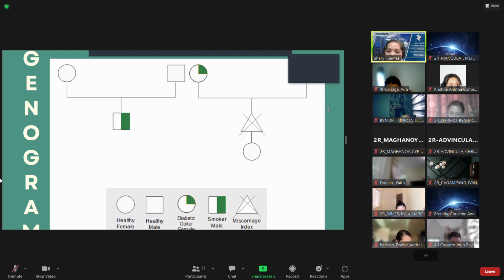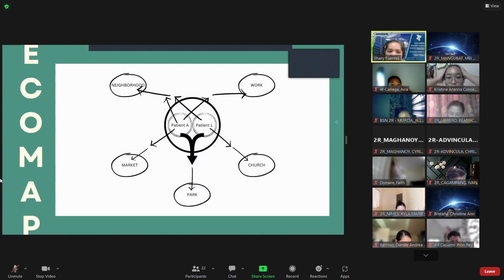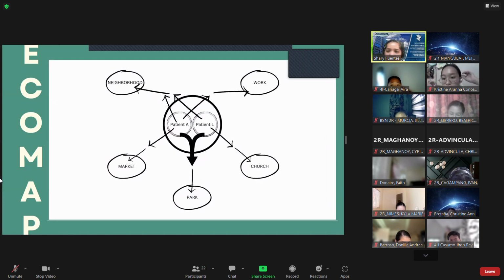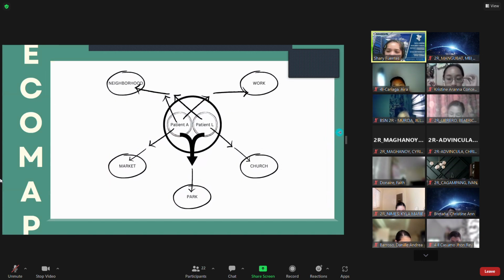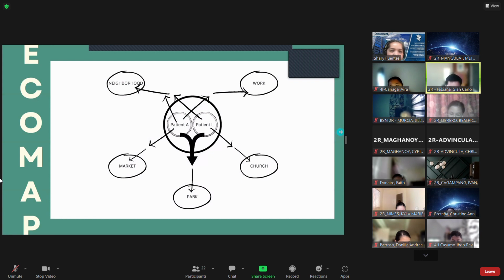What's the next part in here? Okay, let's go back to the eco map. Who's going to present the eco map? Okay, Fabiana.